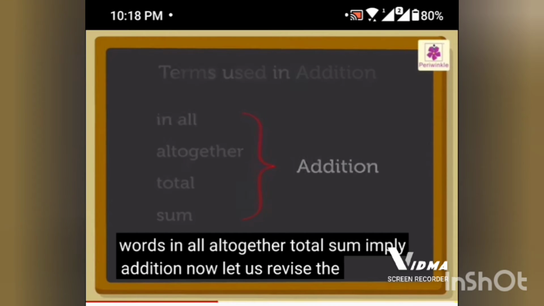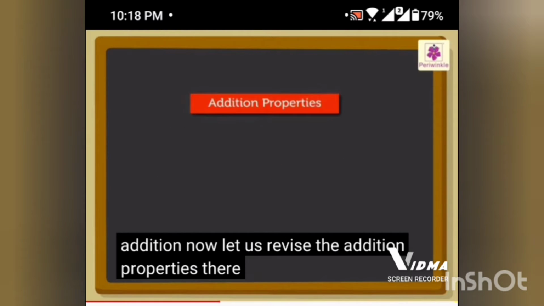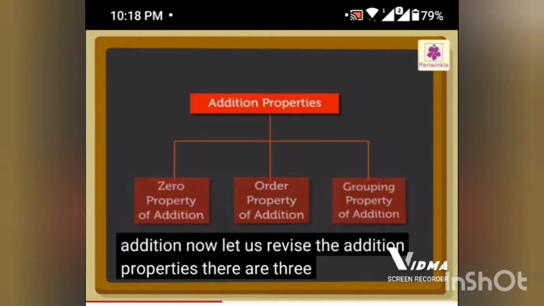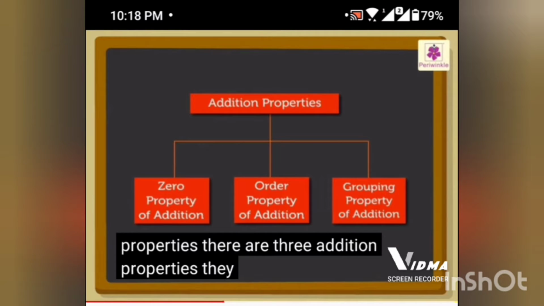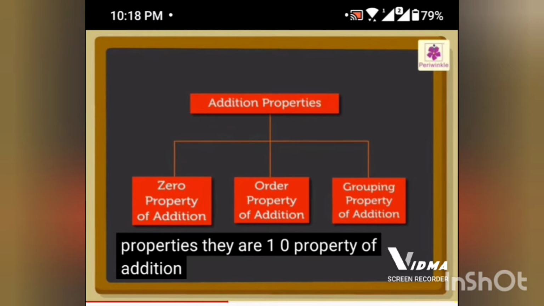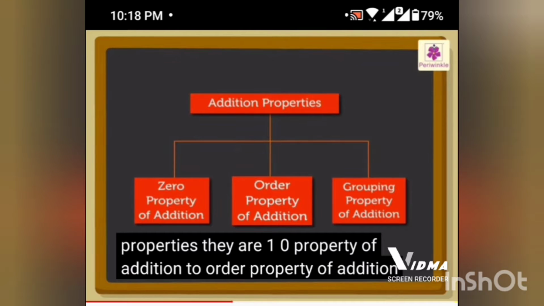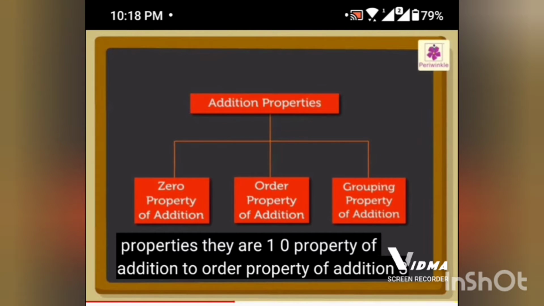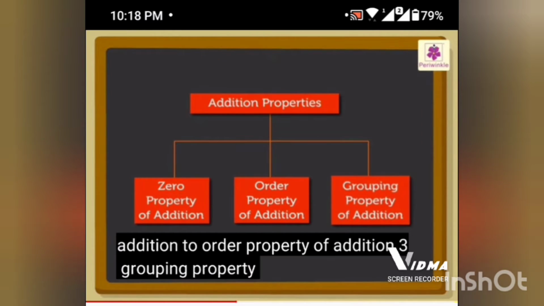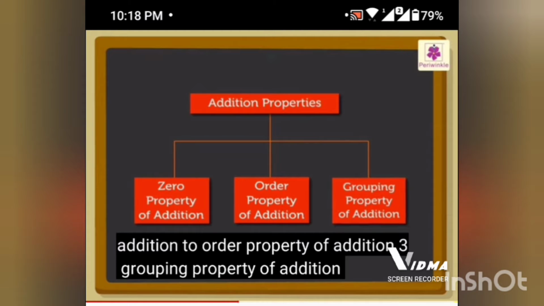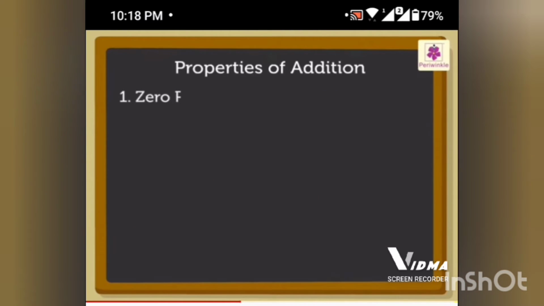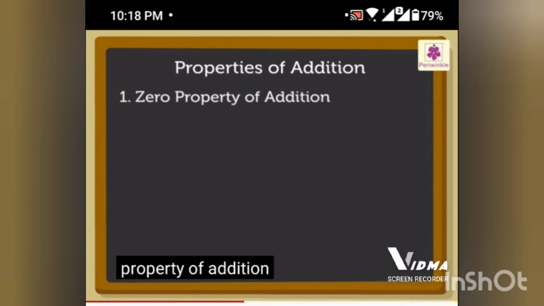Now, let us revise the addition properties. There are 3 addition properties. They are 1. Zero property of addition. 2. Order property of addition. 3. Grouping property of addition. Zero property of addition.